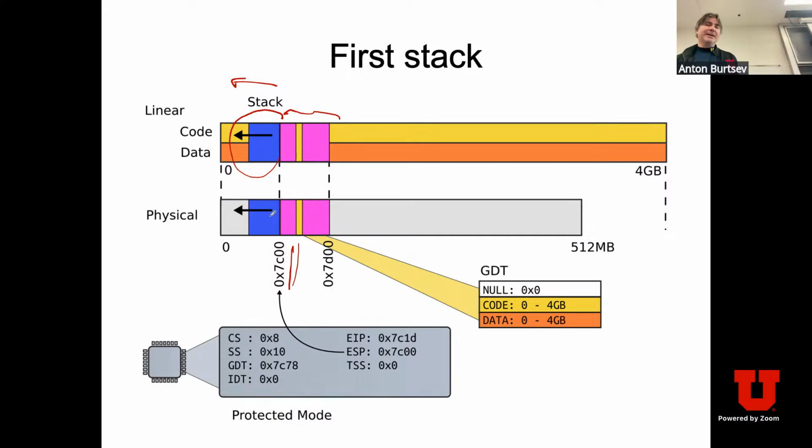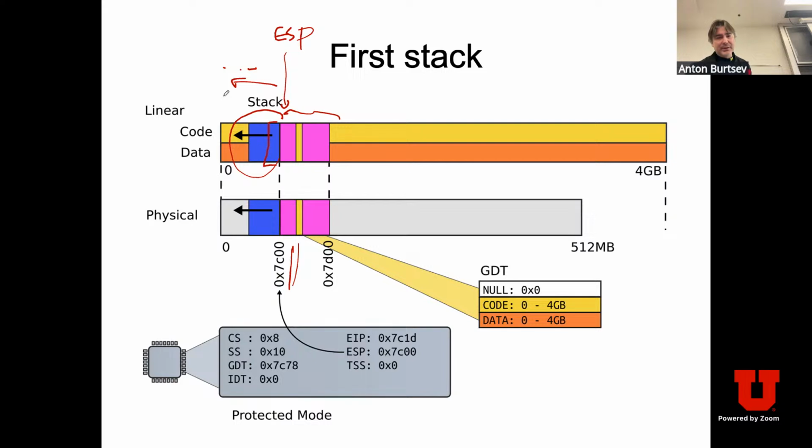Maybe there is some custom hook on this machine and something is really there, but it's highly unlikely, right? So ESP points just here, and it will be growing down from this address 7C00. The very first push instruction will use 4 bytes. If you're pushing an integer, which is a 4-byte value, we'll use the next 4 bytes down from that stack, right? Make sense?